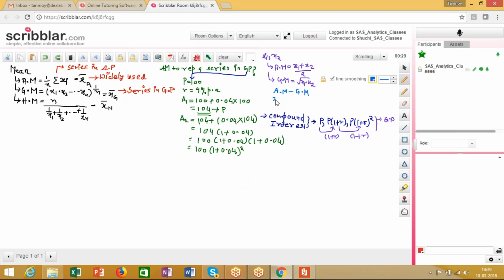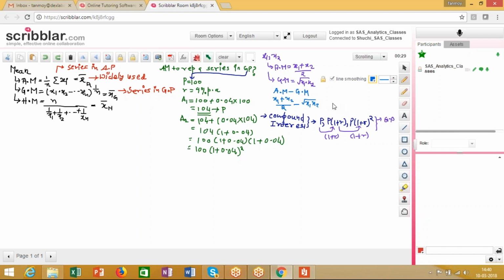So over here, (x1 plus x2) divided by 2 minus root over x1 into x2. So this is what the value is.